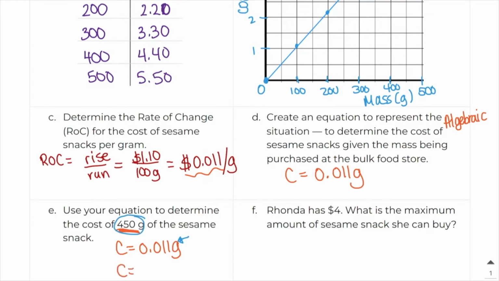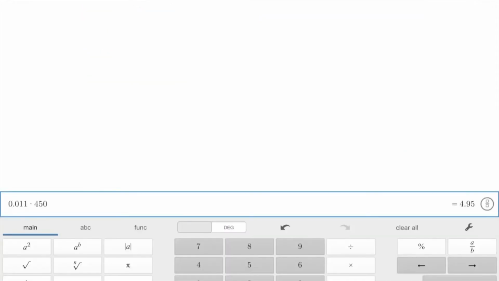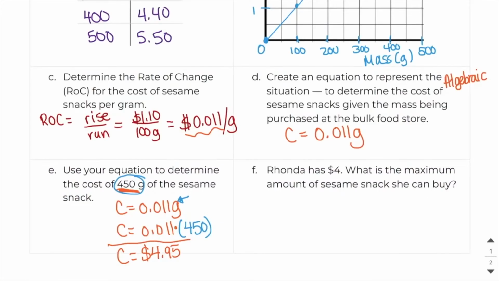So I'm going to say C equals 0.011, and instead of G, I'm going to put 450. And this right here is multiplication. So 0.011 times 450 gives me $4.95. So we know that the cost of 450 grams of the snack is $4.95.